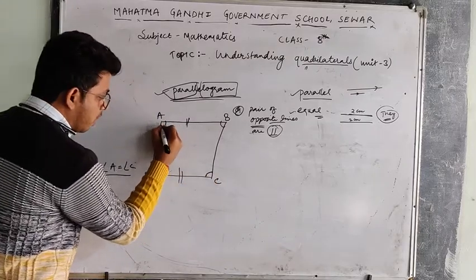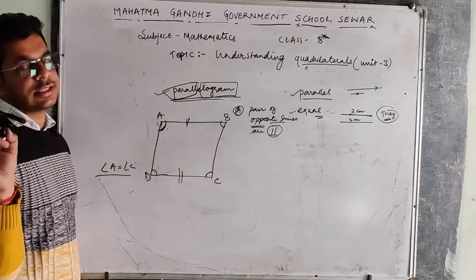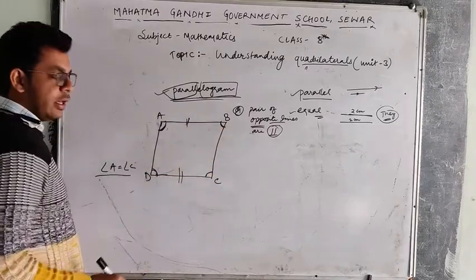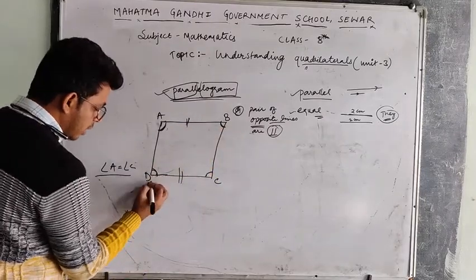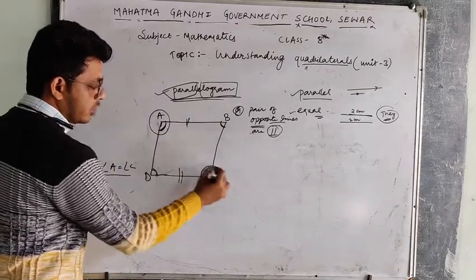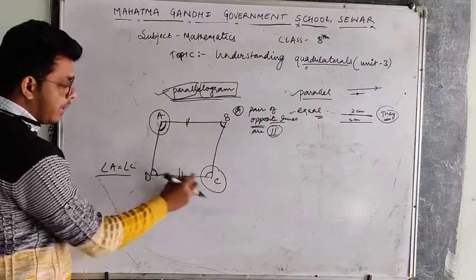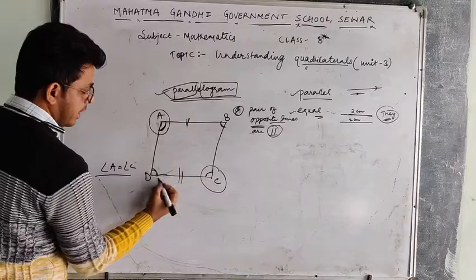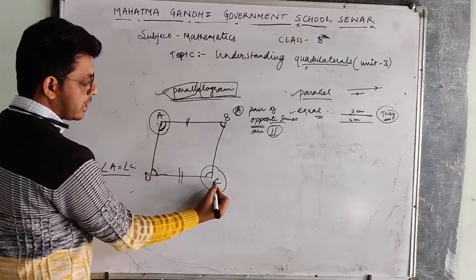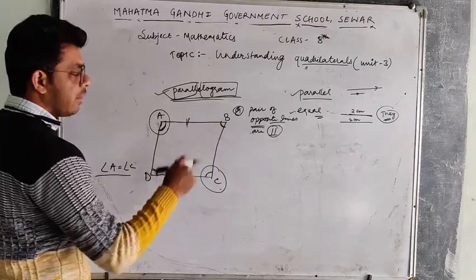Now we will talk about adjacent angles. Angle A has 2 adjacent angles, that is angle B and angle D. The adjacent angles of D will be angle A and angle C. Every angle has 2 adjacent angles. For angle C, the adjacent angles are angle D and angle B. The same is true with the sides.